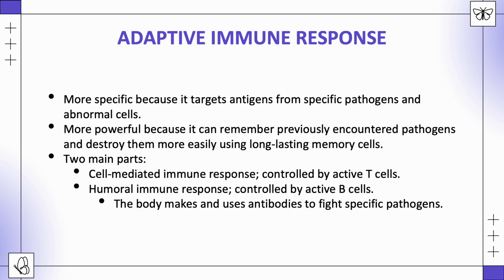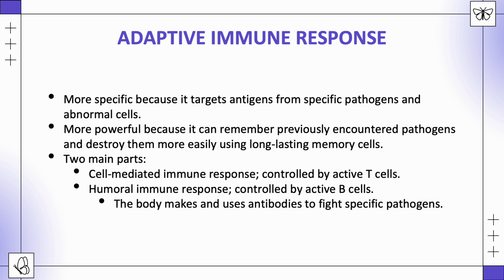Now, the adaptive immune response is more specific compared to the innate immune response because it targets antigens from specific pathogens and abnormal cells. So it is able to distinguish the two. It's more powerful because it can remember previously encountered pathogens and destroy them more easily using the long-lasting memory cells.